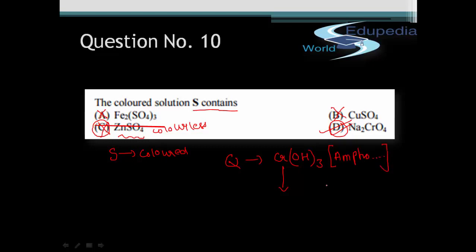So it will react with OH- in presence of H2O2 and it will form a solution of a chromate, Na2CrO4, which will be a yellow colored solution. So D will be the correct answer to this question.